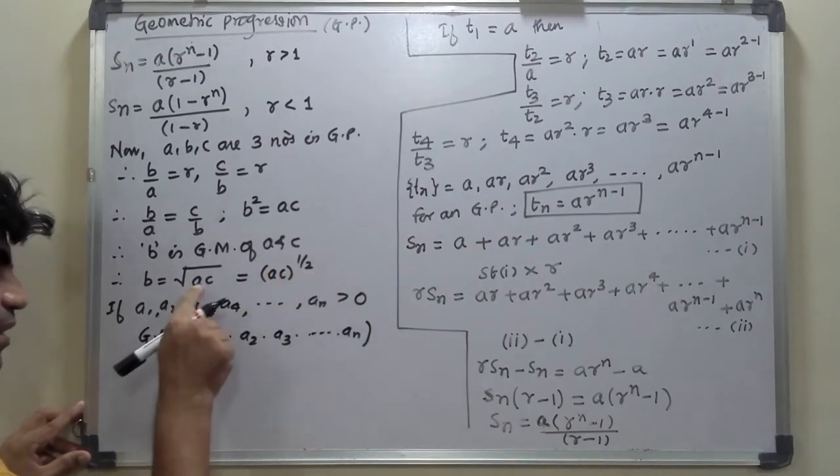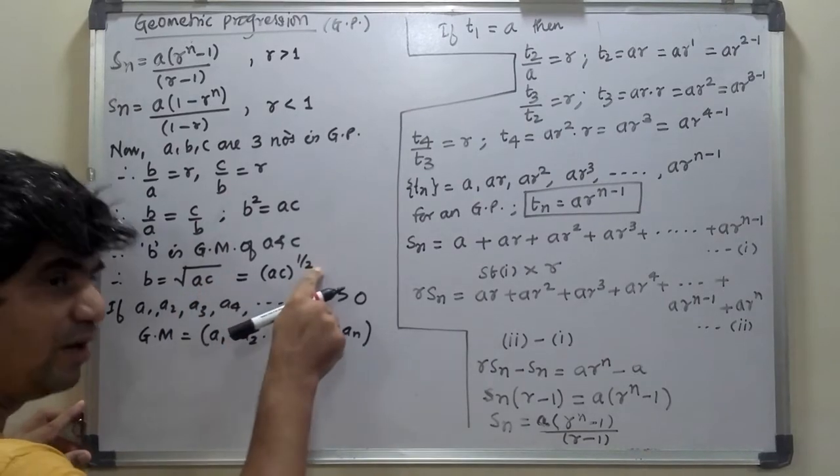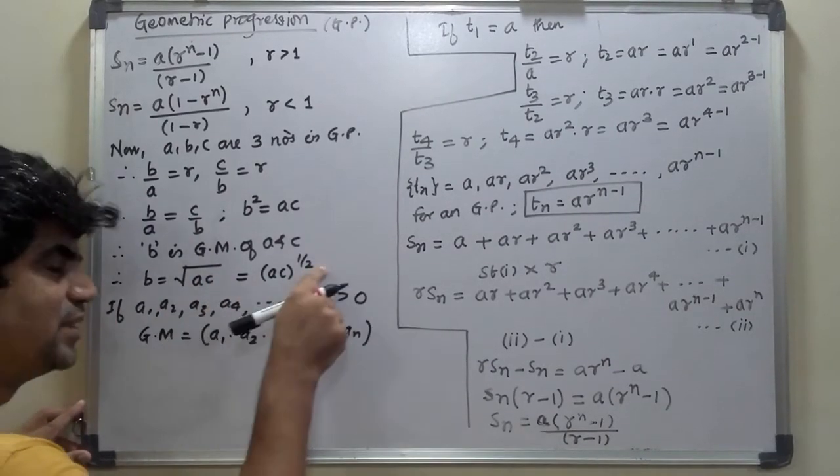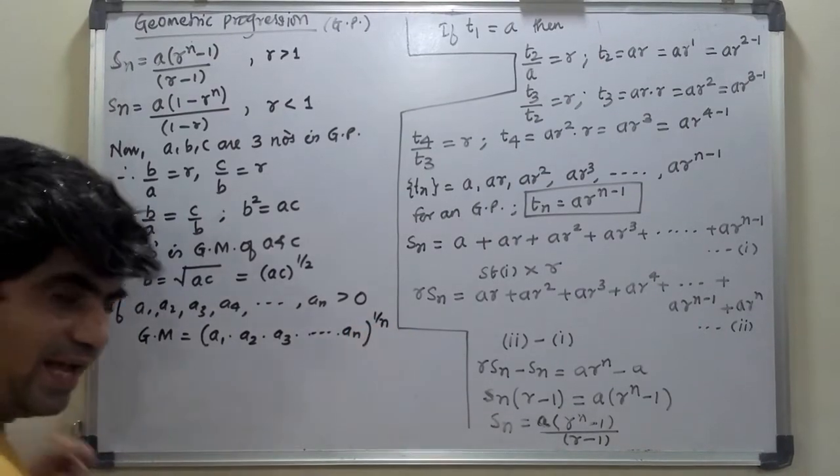Here there are two numbers, therefore the root is 2. If there are 3 numbers, the root will be 3. If there are 4 numbers, the root will be 4. If there are n numbers, the root will be 1 by n.